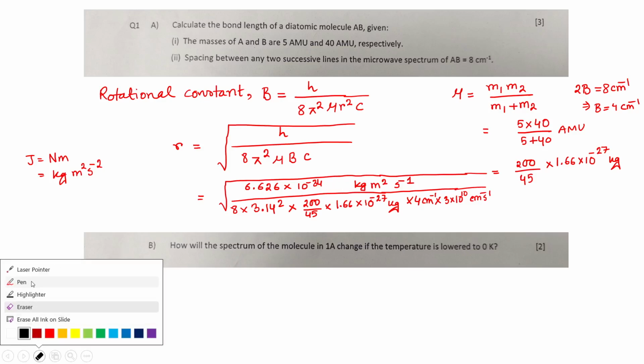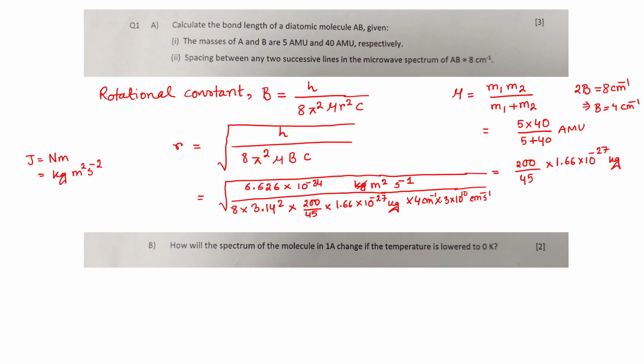So kg and kg gone, second inverse gone, centimeter inverse, centimeter gone. The meter square will remain in the numerator and it will come out of the square root as meter.